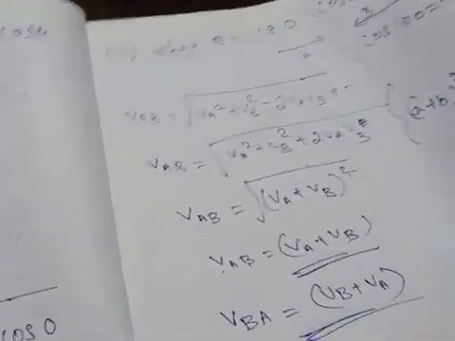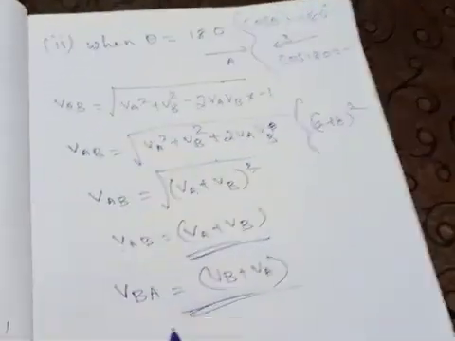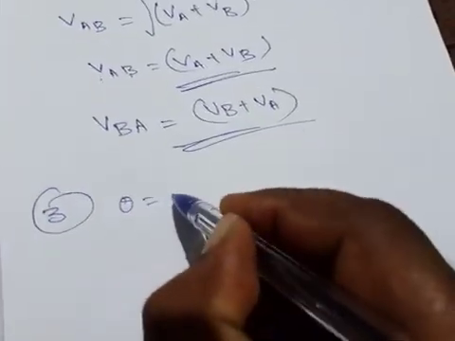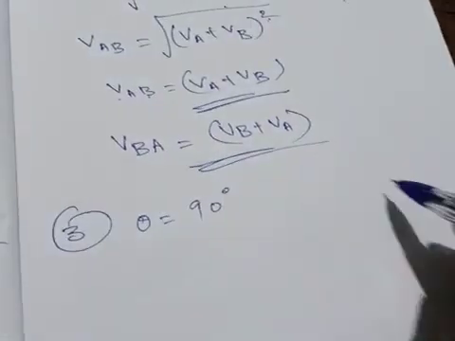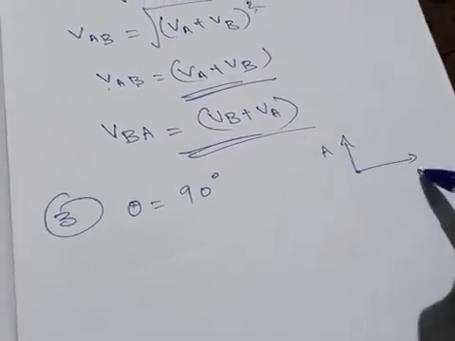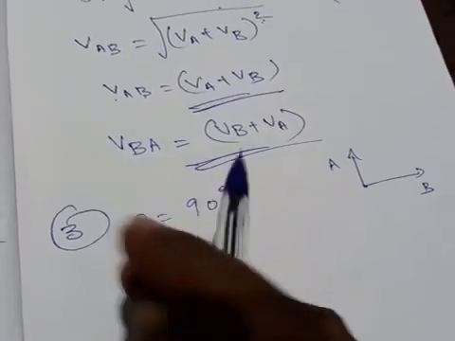Okay. Now the last case is the third case. Theta equal to 90 degree. So one object is moving like this, another object moving like this, A, B. Now what will come?